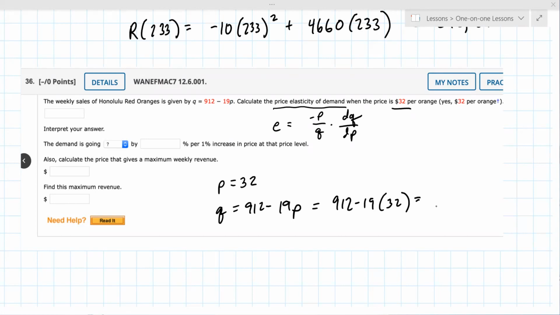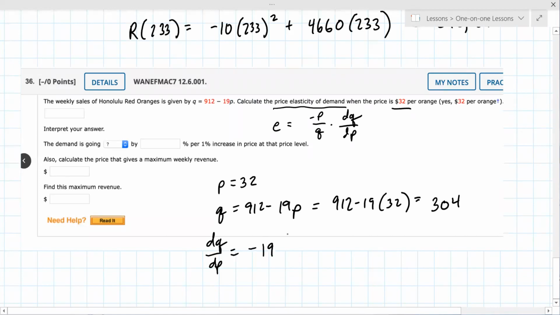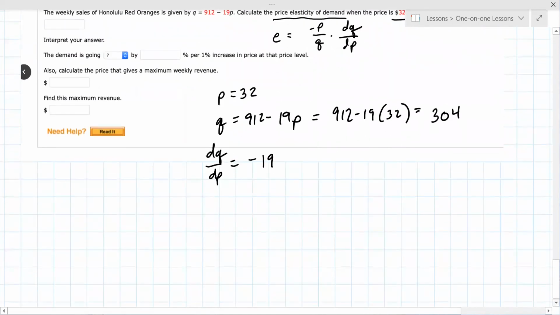So 304. Okay, so that's the next two parts. Now dQ/dP is the derivative of this thing up here. It's minus 19, just the derivative of this function up here. That's power rule. That's the derivative of Q.